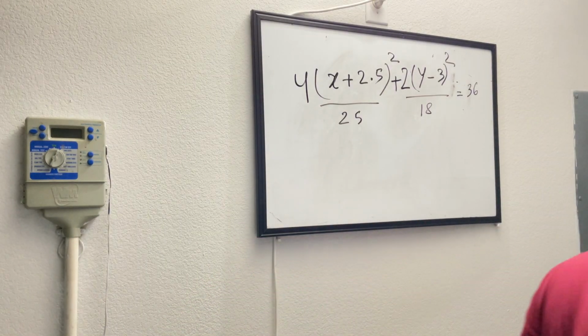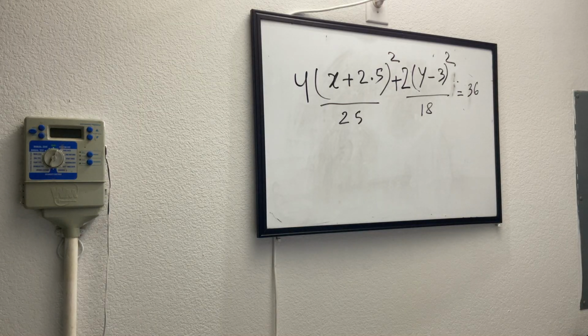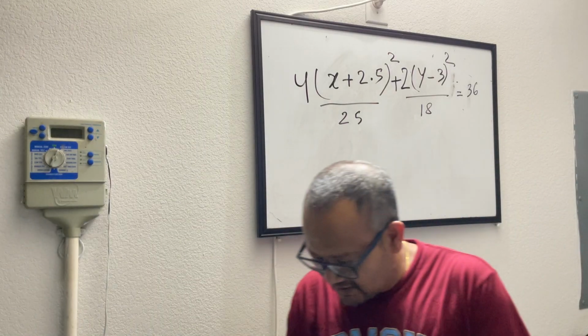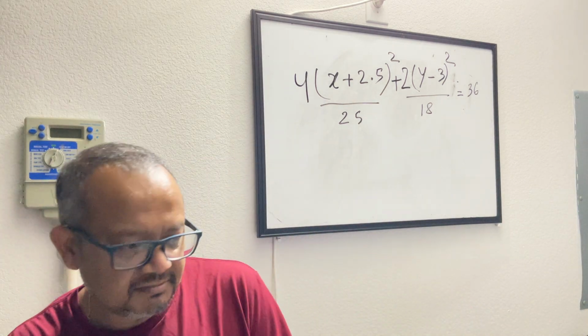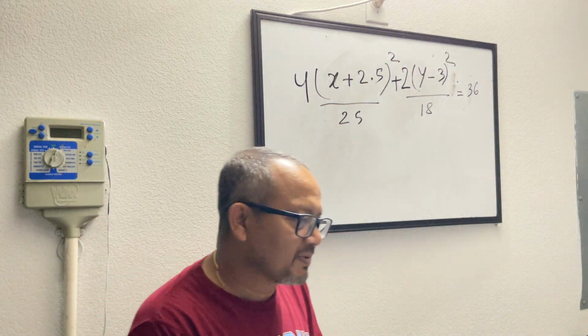Yes, Arush. Okay, there's the center XY. This one's minor, this one's major. Wait. No. I know it's a little bit of a twister, but not that big a problem.